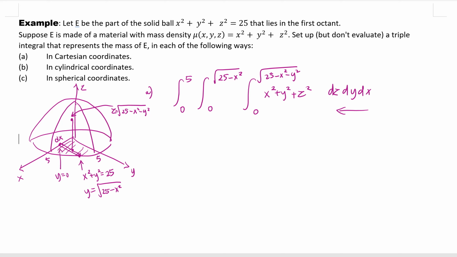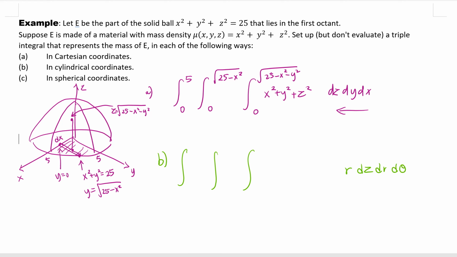Let's continue to look at how we set up in cylindrical coordinates. In cylindrical coordinates, we have r dz dr d theta as the volume differential.